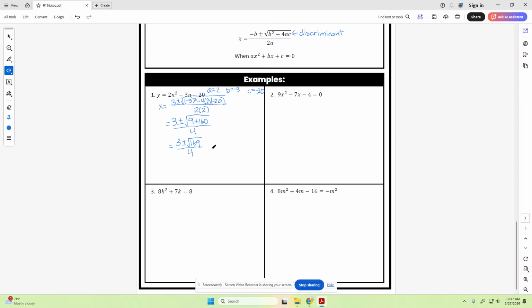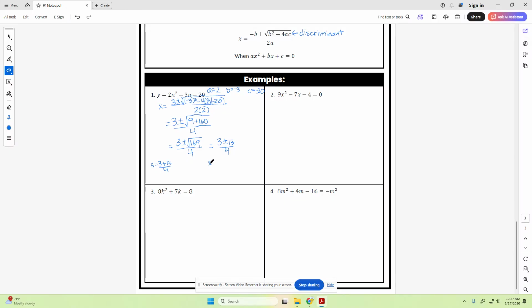But in this first example, I kept our numbers nice. The square root of 169 is 13. So we have 3 plus or minus 13 divided by 4. So this right here is what's going to give us two solutions. We're going to have one solution when we do 3 plus 13 divided by 4.